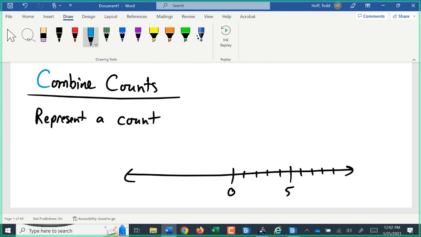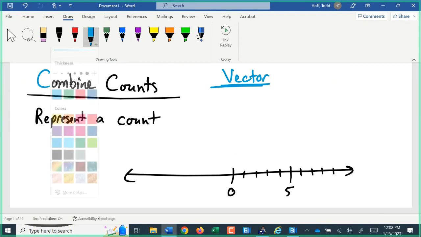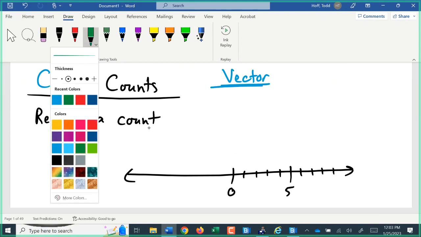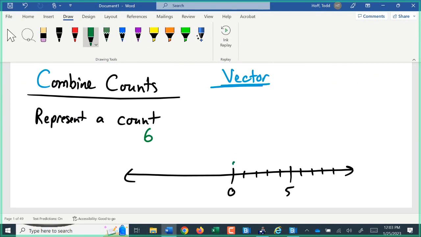And we do it with a tool called a vector. Now, a vector is a real fancy name for a pretty simple concept. If I wanted to put a vector for the number 6 on my number line, I'd start at 0, and I'd make an arrow that goes to 6 like that.